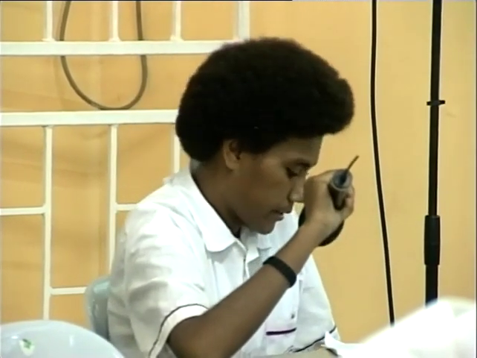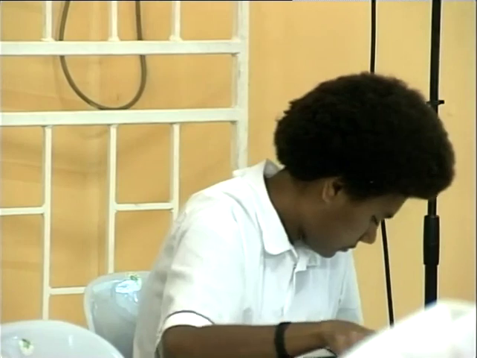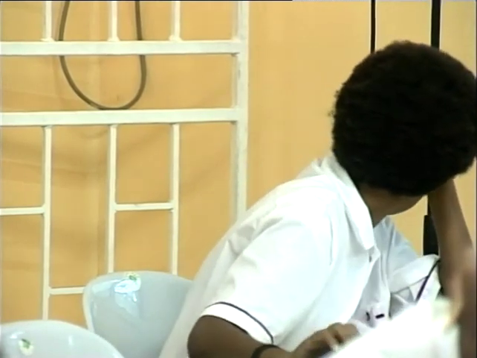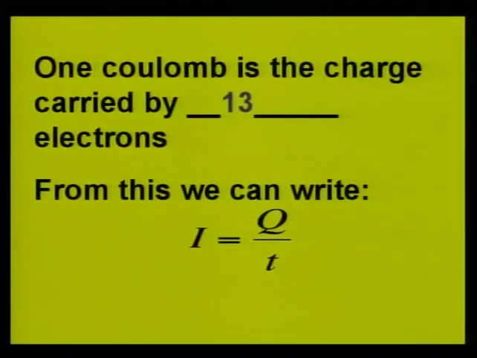One coulomb is the charge carried by 6.25 times 10 to the power of 18 electrons. Right, excellent. So you have 6.25 times 10 to the 18 electrons. That is for number 13.